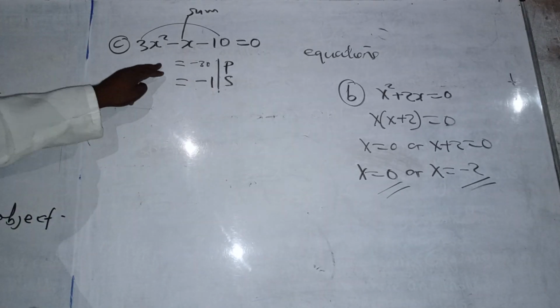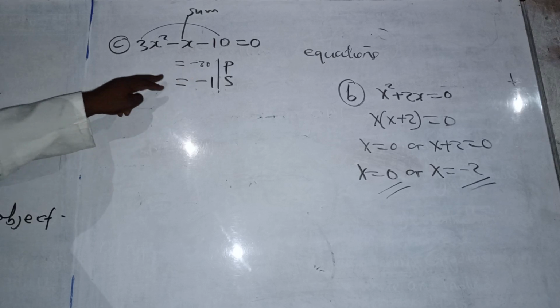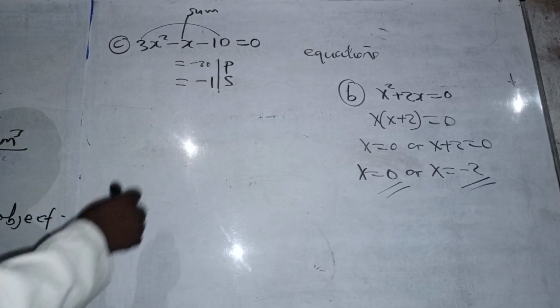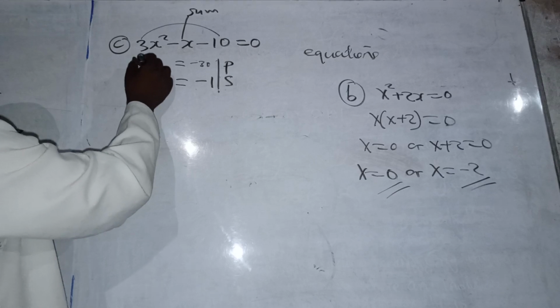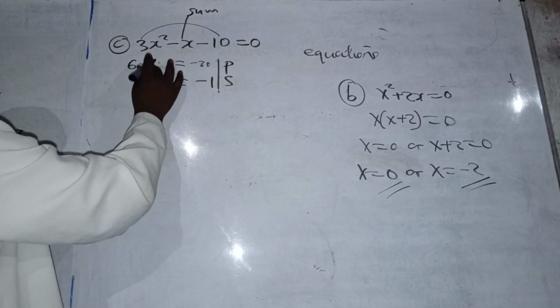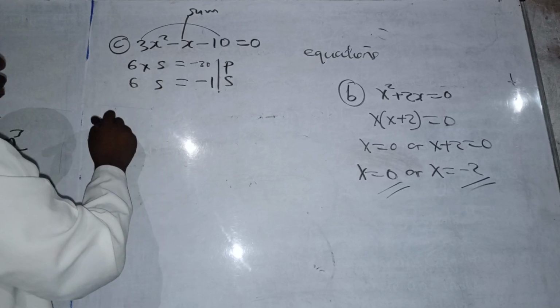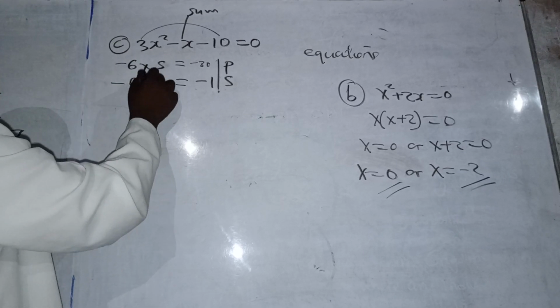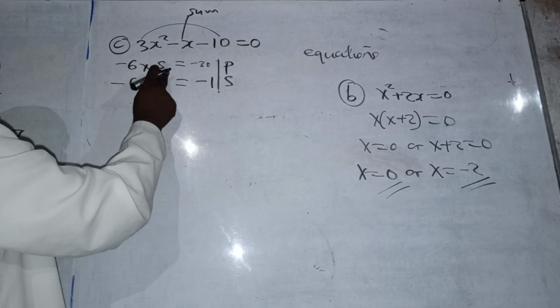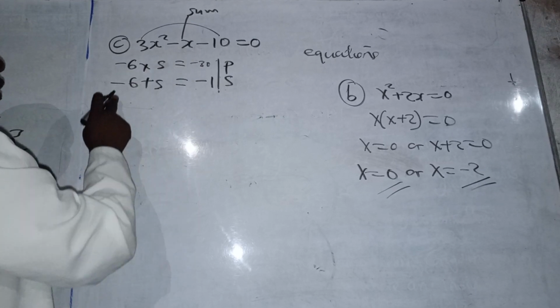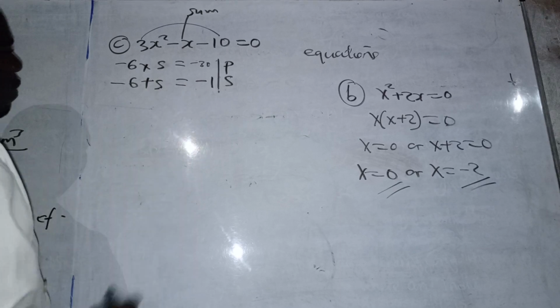When we multiply the two numbers, we get negative 30. When we add them or subtract them, we get negative 1. So the numbers in this case, let's try 5 and 6. So this one needs to be negative. Because when I say negative 6 times 5, the answer is negative 30. Negative 6 plus 5, the answer is negative 1.